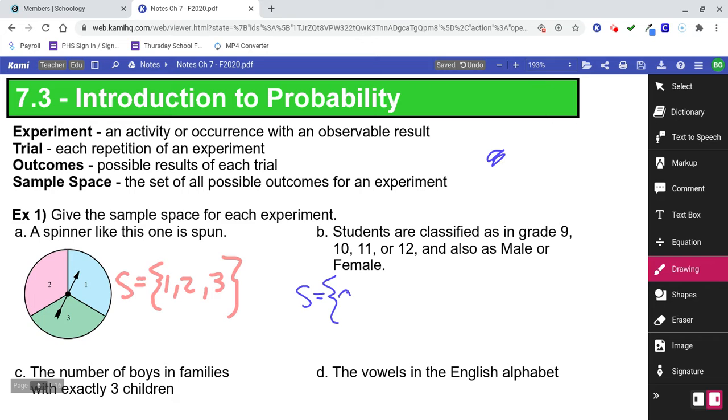You could have a 9th grade male or 9th grade female, 10th grade male, 10th grade female, 11th grade male, 11th grade female, 12th grade male, 12th grade female. That would be the sample space for this. That's what's possible. Now we're going to end up having to talk about how many items are in the set. How many elements are there in that sample space? Do you see 8? That's going to be an important number at some point.